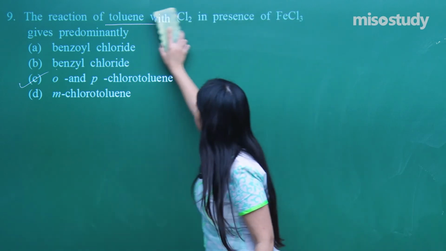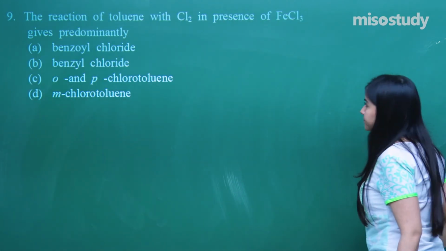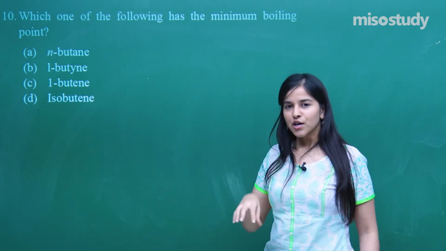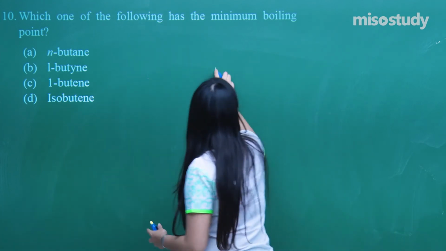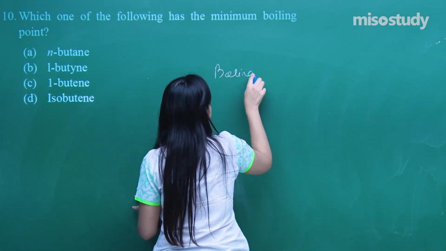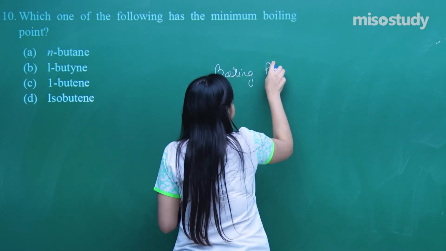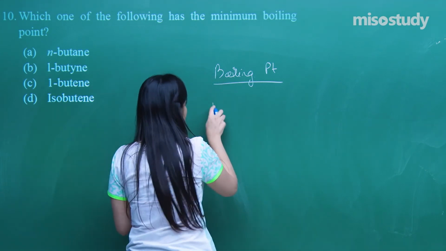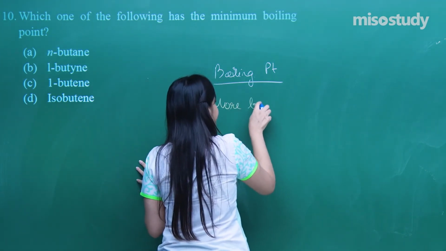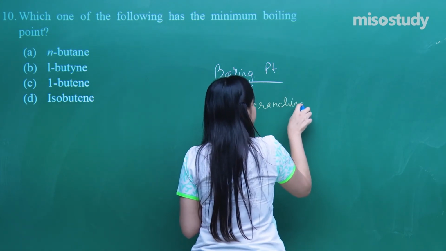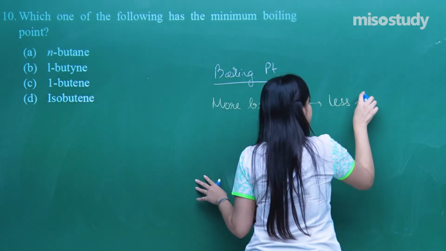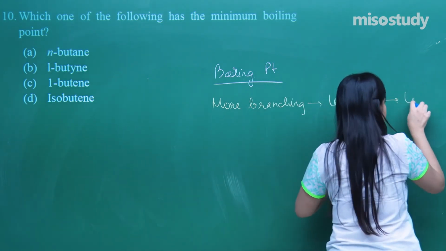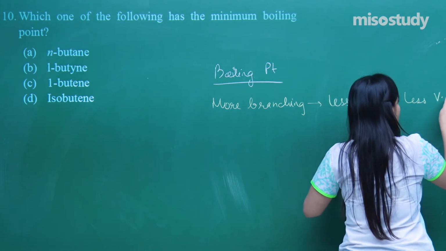So what does the next question say? That will be the last one. Which one of the following has the minimum boiling point? So what is the boiling point concept? More branching, less boiling point, due to less van der Waals forces of attraction.